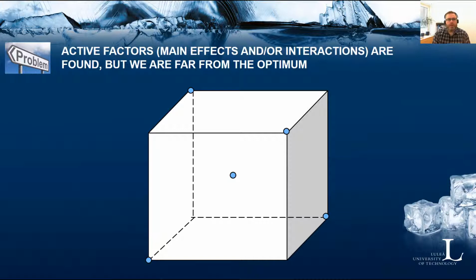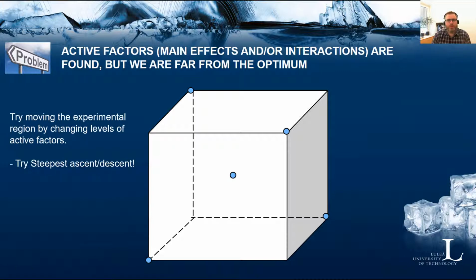Another problem that you may encounter is that you have found active factors, in terms of either main effects or interactions, but we're still far away from the optimum. Now, to try to solve this problem, we need to move the experimental region closer to the optimum area somehow.